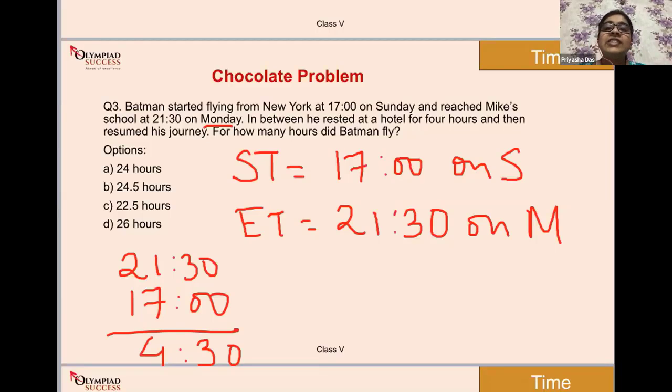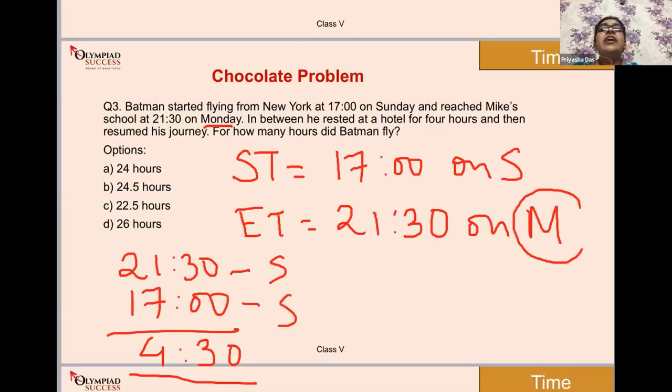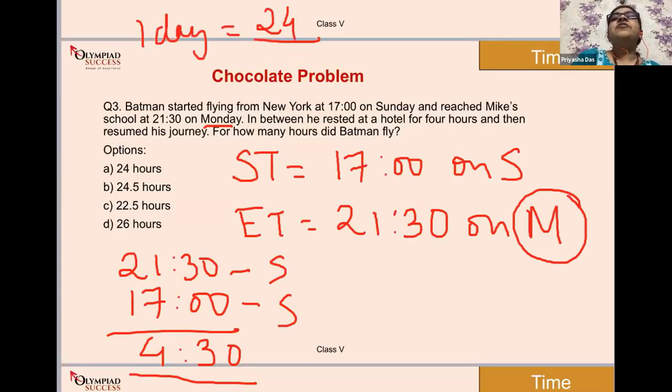Okay, now what is happening? 4 hours 30 minutes is the time if both are on a Sunday, but my end time is on a Monday. Now tell me guys, one day is equal to how many hours? Correct, 24 hours. So I will add 24 to my existing answer. So the time between his end time and start time will become 28 hours and 30 minutes.